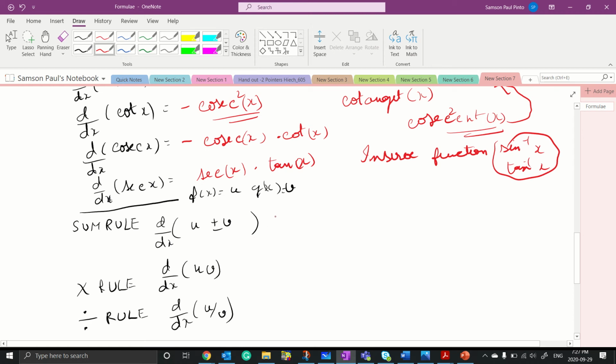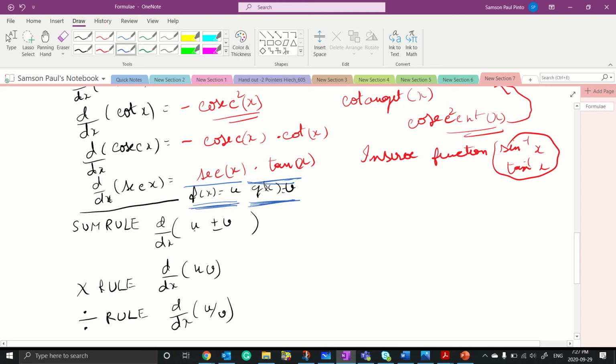So let us say you have, from now on, for easier understanding, I'm going to express f of x as u and g of x as v. For these rules you need two functions, f of x as u and g of x as v.